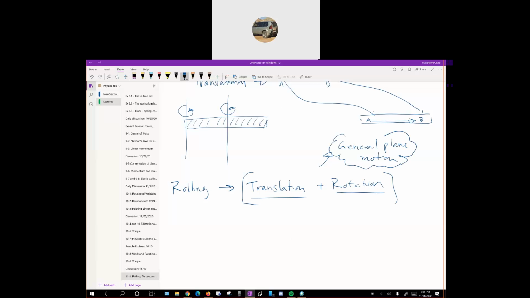So you might see that in the future, just referred to in that manner. But here we're going to consider an object that rolls smoothly, and by that, it means that it's not bouncing. It's not coming off the surface.